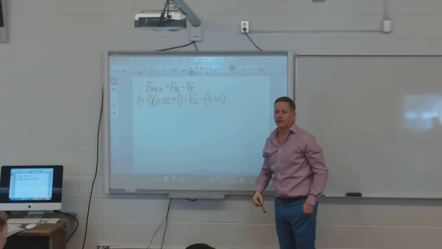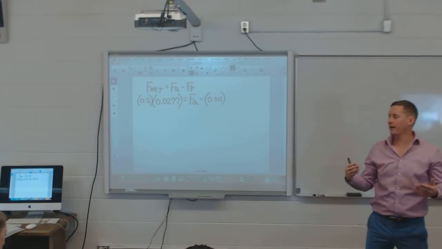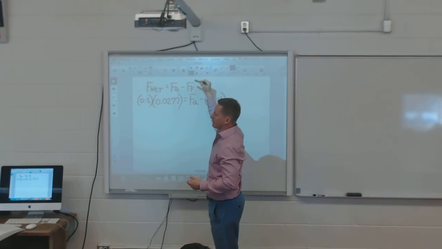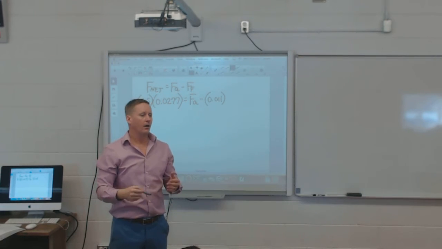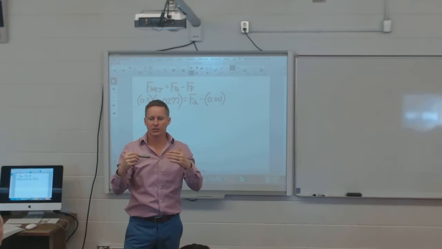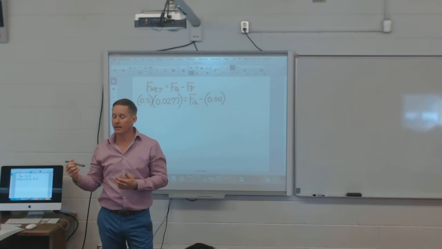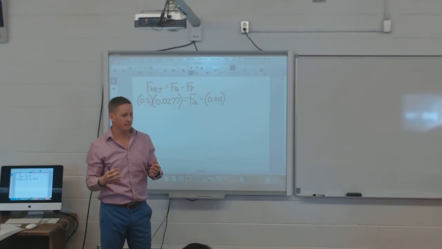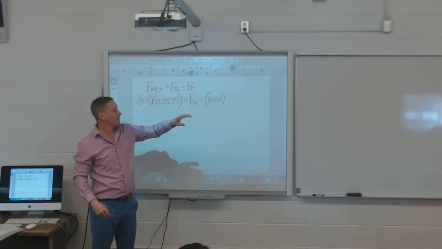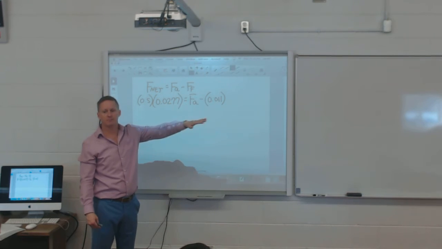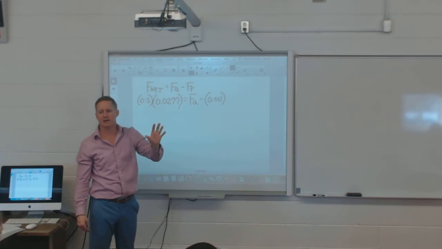Now normally in the textbook they would say add, and then you put your friction down as a negative value. I like to just say, logically speaking, can I tell what I need as a negative and what I need as a positive? Because it'll make it a lot easier when we get into more complicated friction questions or pulley questions. Anything that restricts my motion, I just subtract it. Don't put the negative sign in there, just subtract it, and then I don't get the signs messed up.